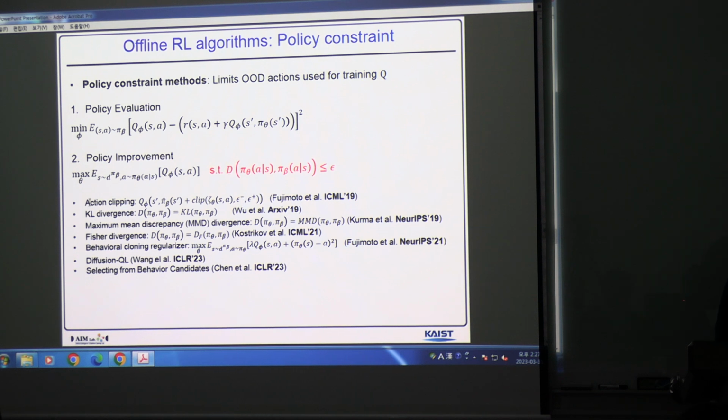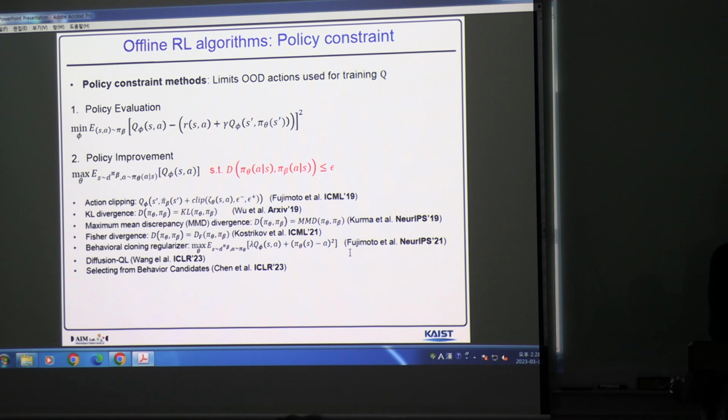For instance, in action clipping, they first learn some pi beta, add some noise to it, and then clip it around some epsilon to make sure it does not deviate too much. Another way is to use KL divergence or another divergence.